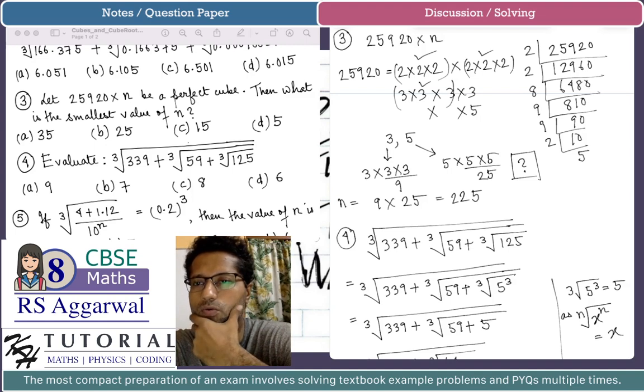25920 divided by 2 gives 12960. Okay, and again divided by 2 gives 6480. Okay, and then we are again dividing by 8.